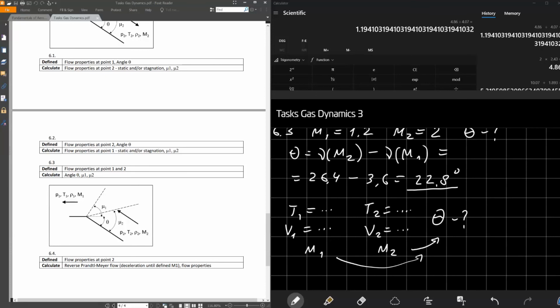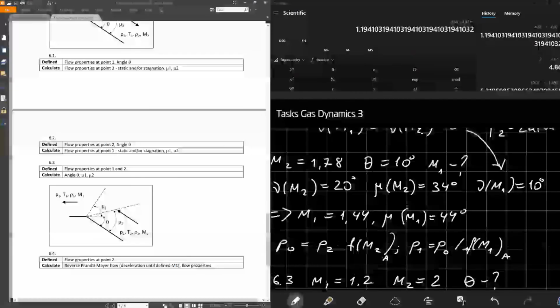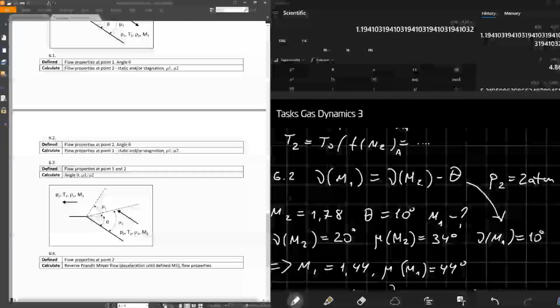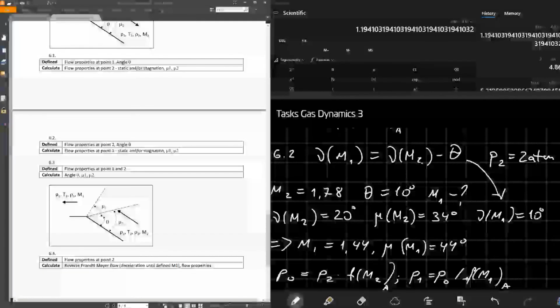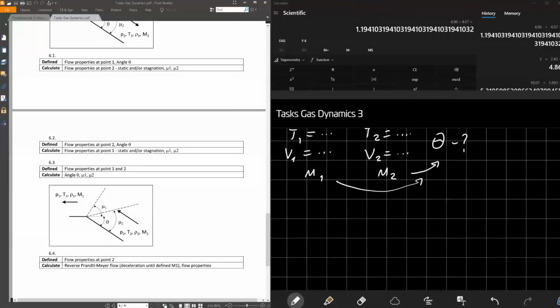I even do not see if such an example is necessary, because we already had today a calculation from point 2 to point 1. It was these examples here, right? 6.4 is absolutely repeating example 6.2, but the vector is going just in the other direction, which does not change anything inside the calculation process.